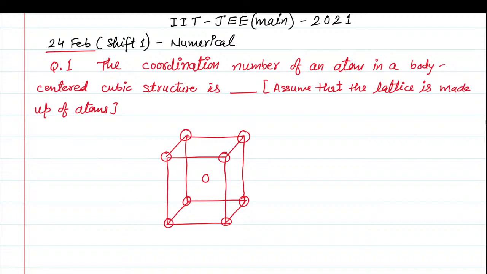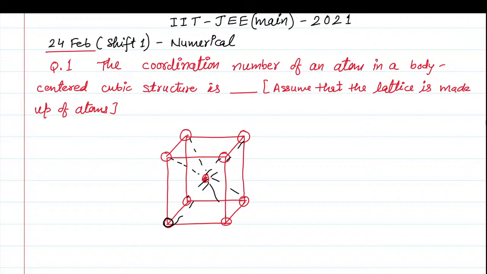Now, the atom at the body center is in touch with all the corner atoms, and the corner atoms are in touch with how many unit cells? 8. It means the body center of each unit cell is in touch with them. That means what is the coordination number of an atom in a body centered cubic?